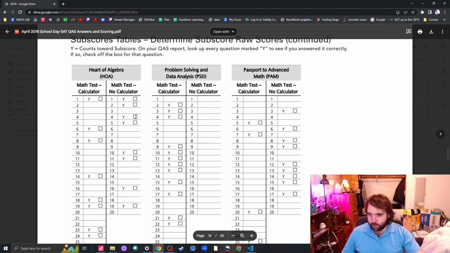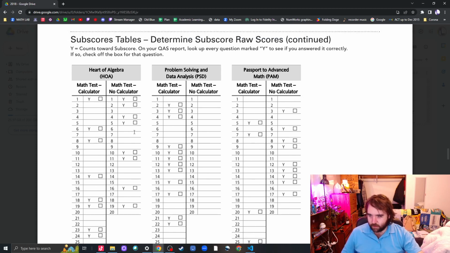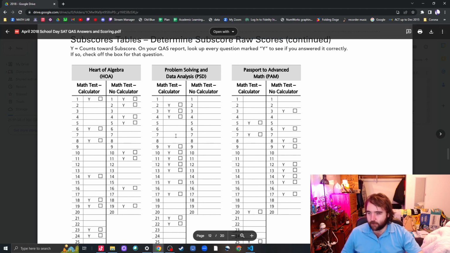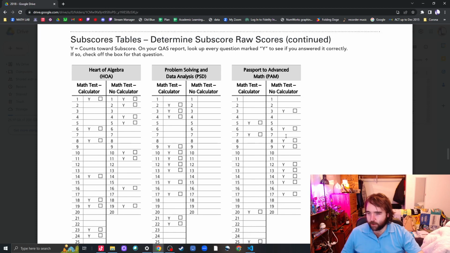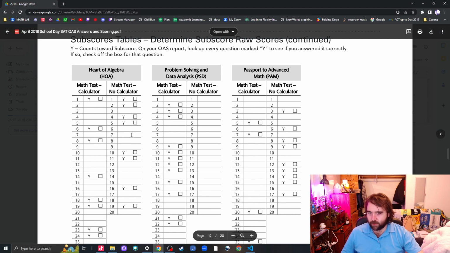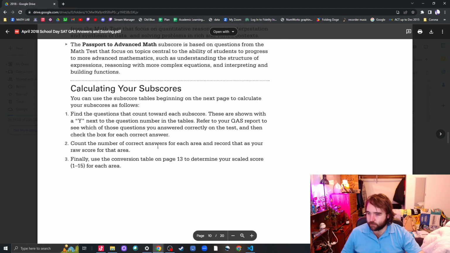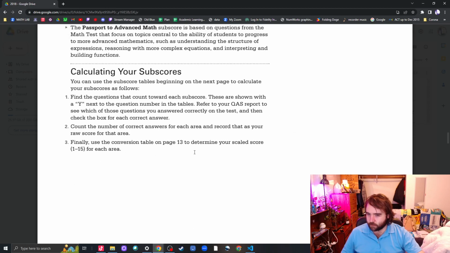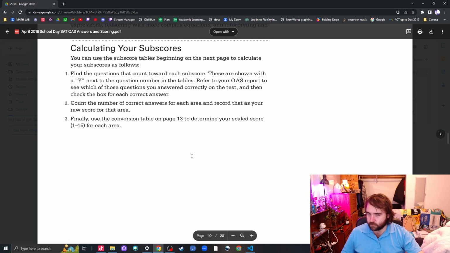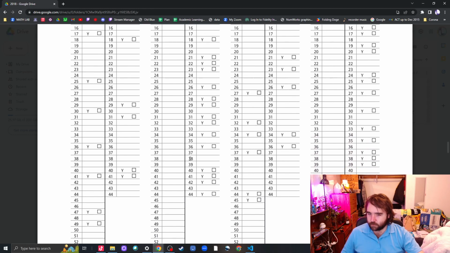But then look how some questions don't have a section that they're in. So going through number 7 on the no calculator is not anywhere. Number 7 on the no calculator part is not anywhere. I don't get it.